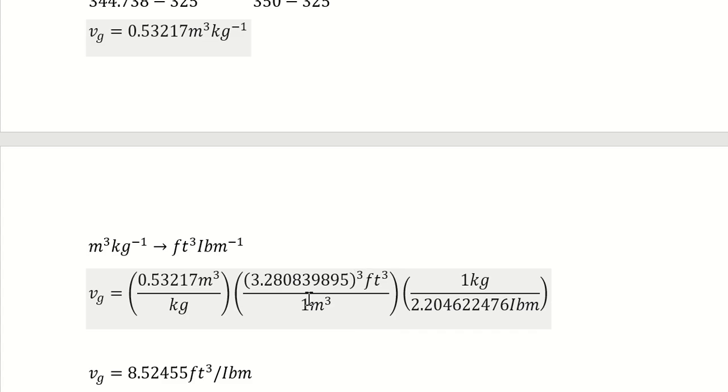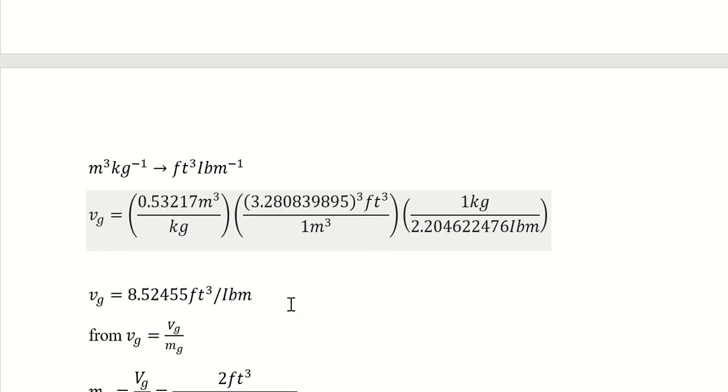So you get feet cubed and the meter cancels, and we know that 1 kilogram is equal to 2.2046224761 lbm, that's pounds. So the kilograms cancel, and once you do the calculation, you have 8.52455 feet cubed per 1 lbm, which is pounds.